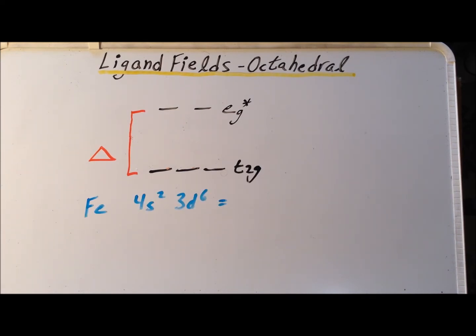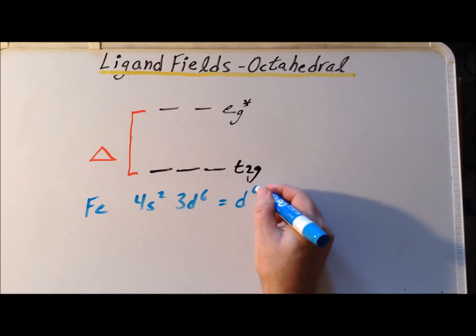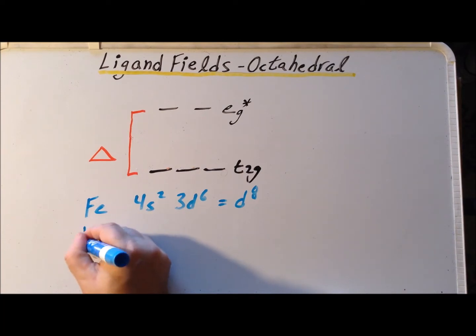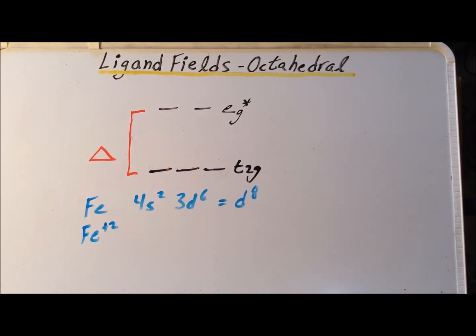Let's look at the example for iron. Iron has a ground state electron configuration for the valence shell of 4s2 3d6. Therefore, using the terminology that we have used so far, we would refer to this as a D6 metal. So neutral iron has a D6 configuration. One of the most common iron ions is iron plus 2.